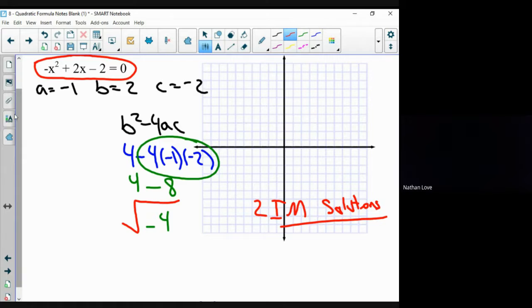It'll ask you all sorts of different things, so make sure you know. There's always 2 solutions, but you need to know, in this case, is there one double solution? Is there 2 imaginary solutions? Or is there 2 real solutions?